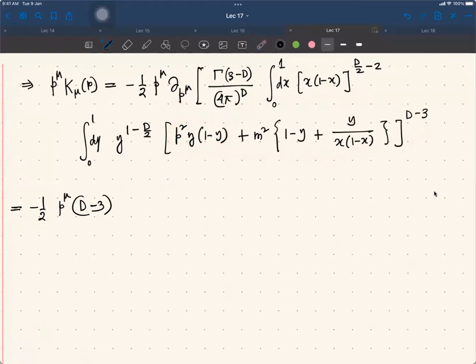So let me write 2p mu here. Then we write everything else within the square bracket, gamma 3 minus d over 4 pi to the power d.